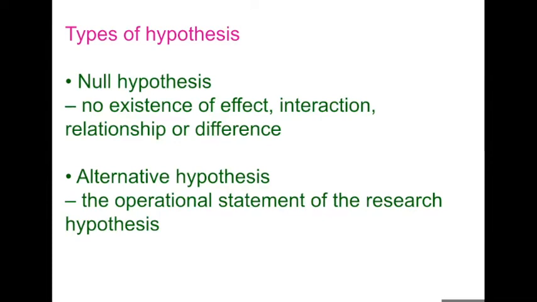The alternate hypothesis will be there is an effect, there is an interaction, there is a relationship, there is a difference. Yun lang naman. Okay, like I said, personally, I don't need to see this, but some of the professors might want to include this in the manuscript. Okay.